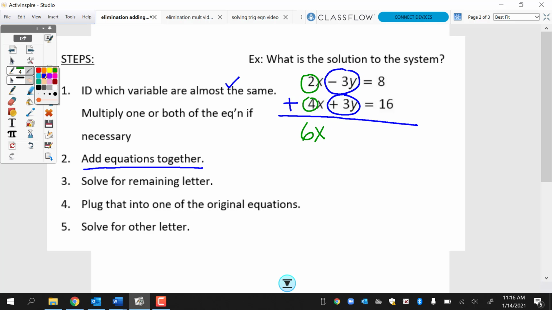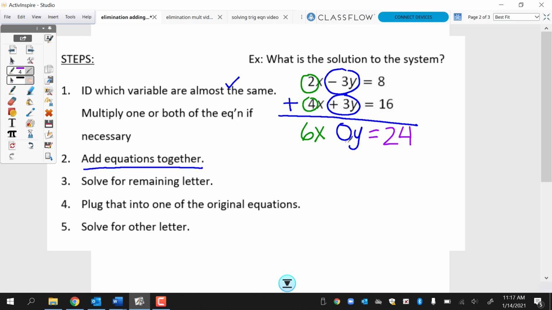Okay, and then we're going to add our y's together. -3 plus 3, we type it in the calculator, and it's going to give us a 0y. That's good. When it adds up to 0, that means it's gone away. It has been eliminated. That's why it's called elimination. So that's good. We need something to add up to 0. And then over here we have 8 plus 16. That's going to be equal to 24.